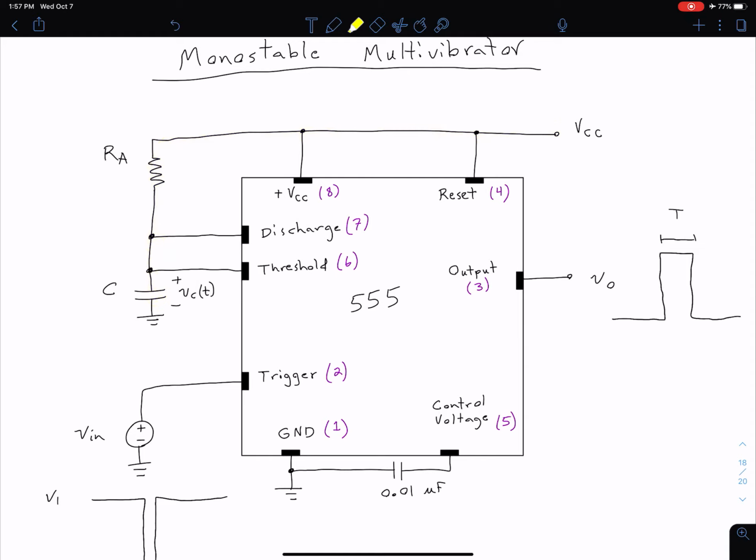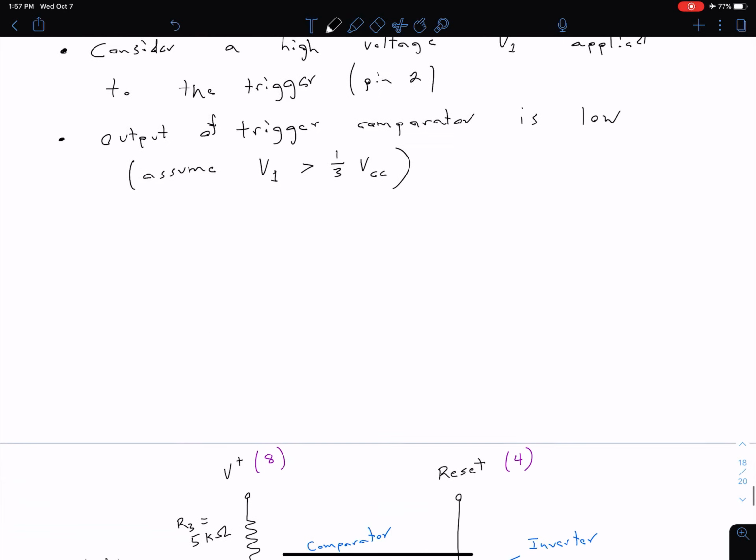If that's left in steady state, this capacitor voltage V sub C is going to charge up to the VCC value. So let's say initially in steady state, that capacitor voltage V sub C is equal to our VCC value, so whatever our power is.